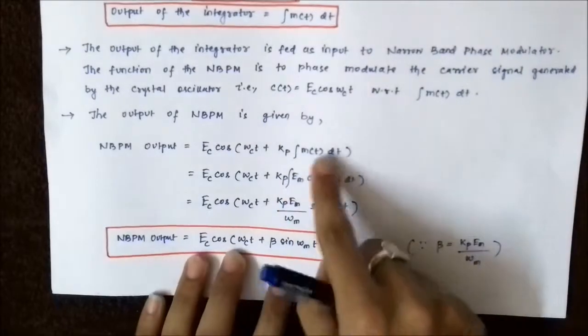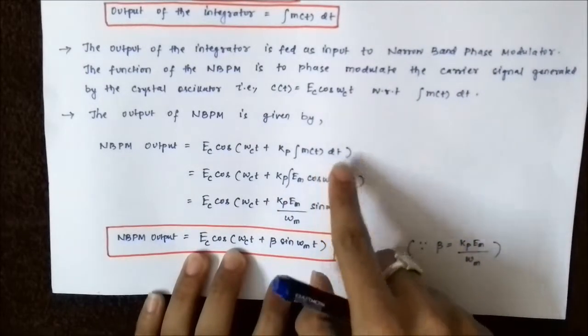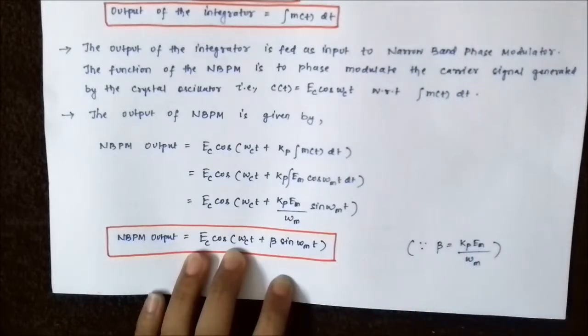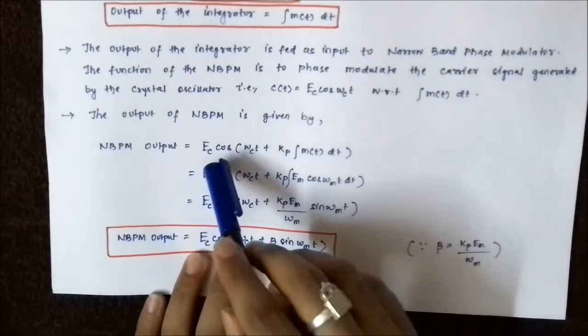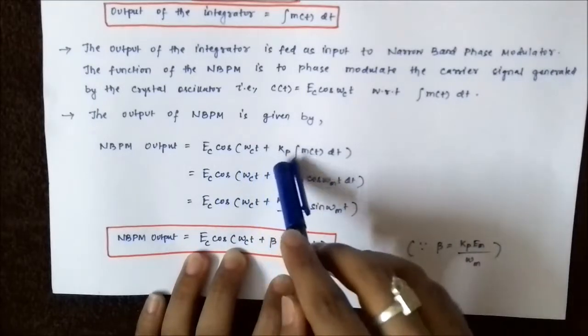Note here that normally, if we have a carrier signal Ec cos omega_c t and a message signal m(t), we would have got our output as Ec cos(omega_c t plus Kp m(t)).